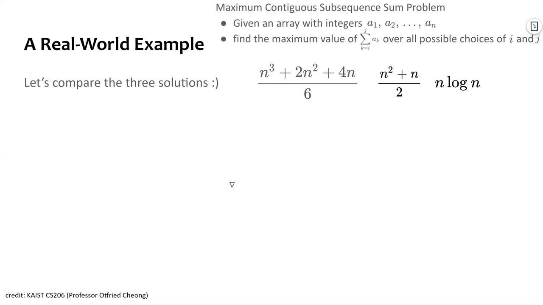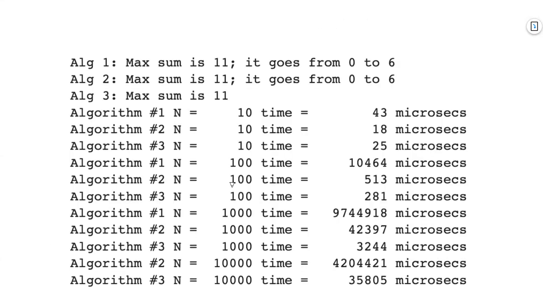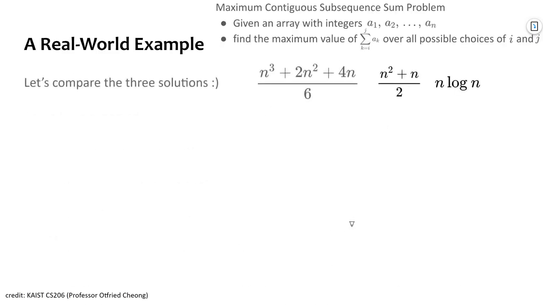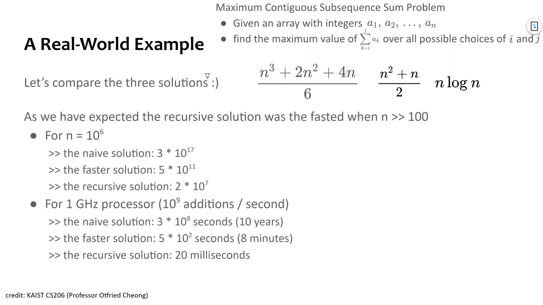As we saw in our experiment, when n becomes larger and larger, the speed gap becomes larger as well. This one was the naive solution. This one was the faster version. This one was the recursive version.